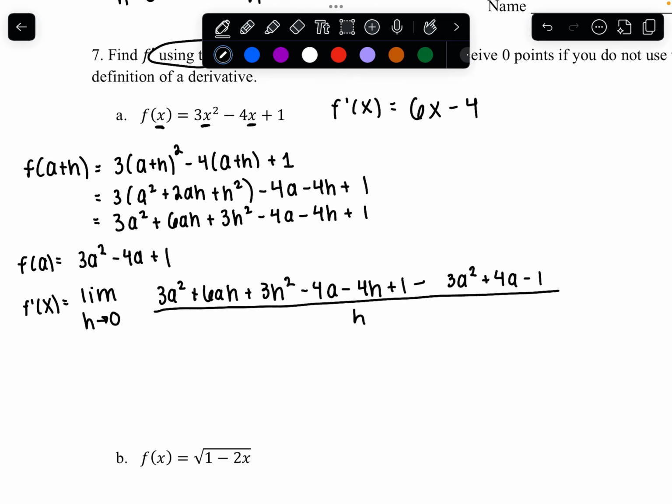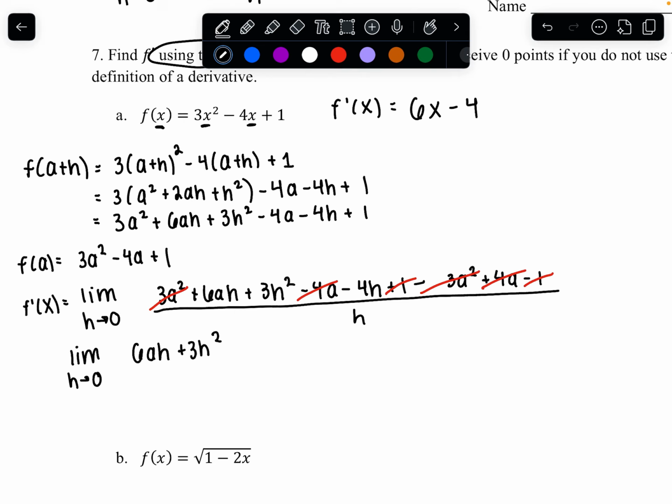Now, you know you did everything right if everything from f of a gets canceled out. So let's see, I have a positive 3a squared and a negative 3a squared. So those cancel. I have a negative 4a and a positive 4a, a positive 1, and a negative 1. Great. So now everything that's left should have h in it if we've done everything correct.